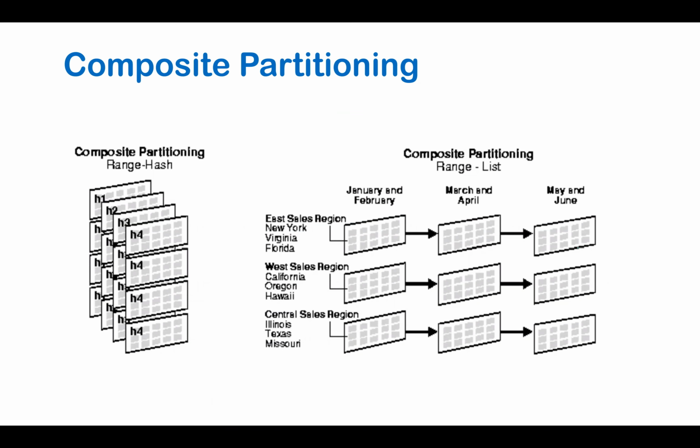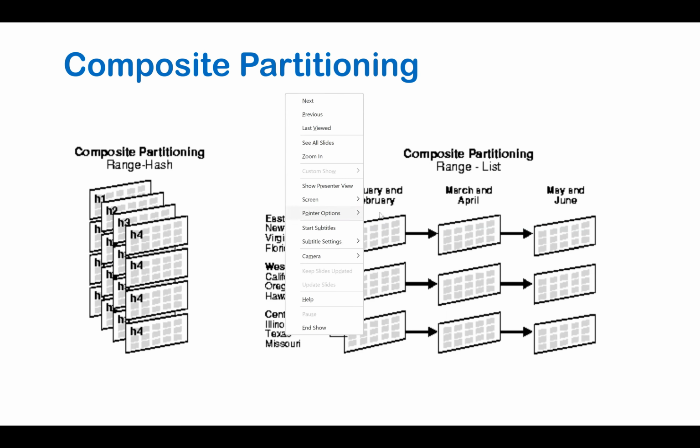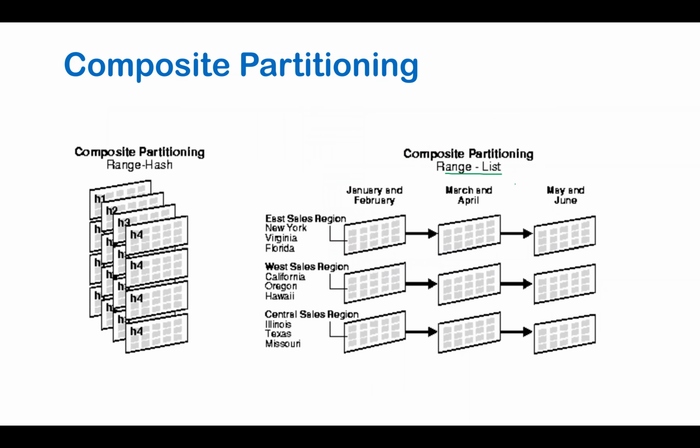What is composite partitioning? Here you are going for composite partitioning, range and list partitioning. On the right-hand side, if you see this, you are using both range partition and list partition. Within this list, if I have data based on January and February, it will be stored here.